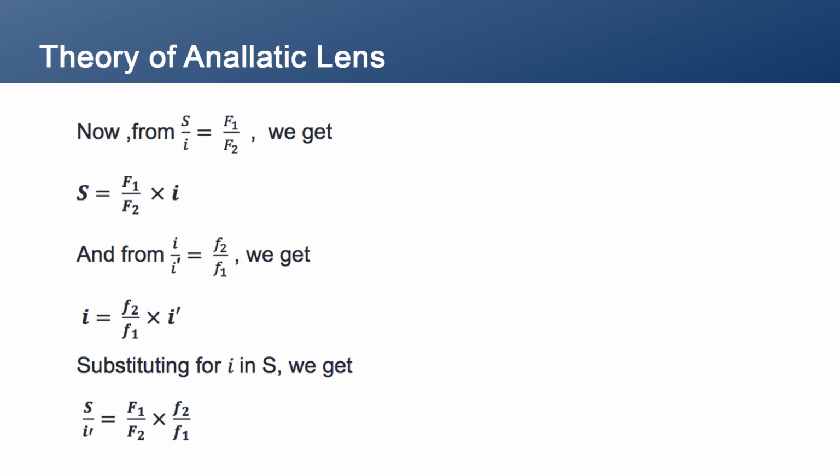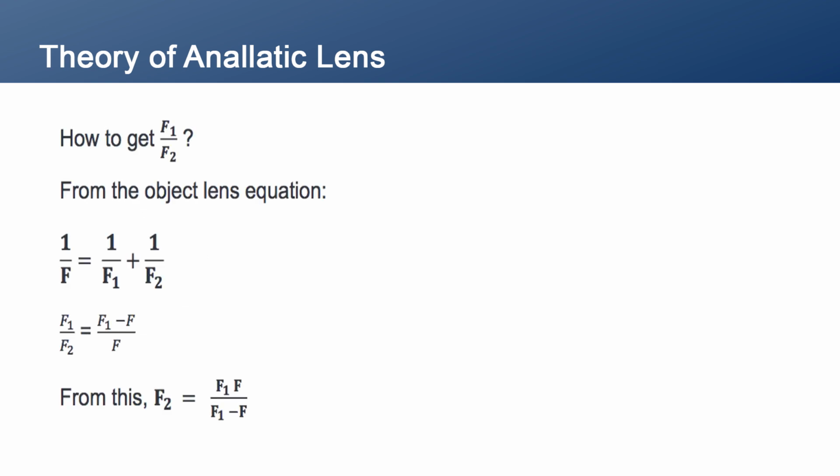Substituting for I in the S equation, we get S by I dash is equal to capital F1 by capital F2 into small f2 by small f1. So, we need capital F1 by capital F2 and small f2 by small f1. Capital F1 by F2 can be obtained from the object lens equation, and small f2 by small f1 can be obtained from the analytic lens equation.